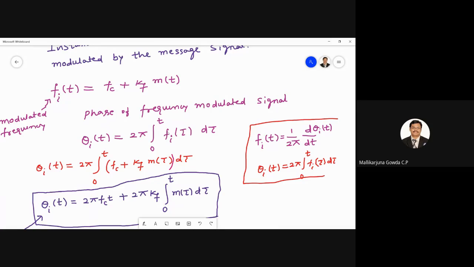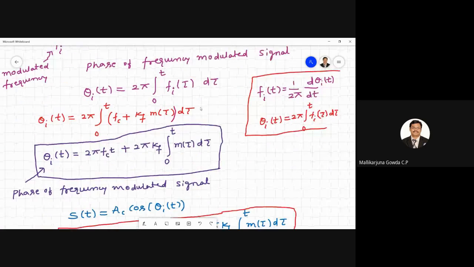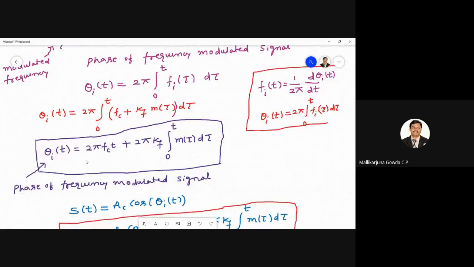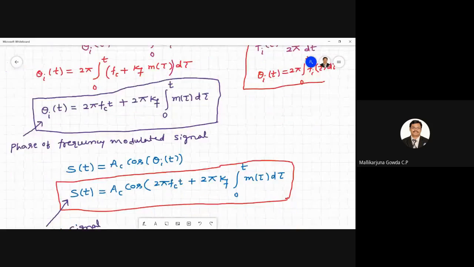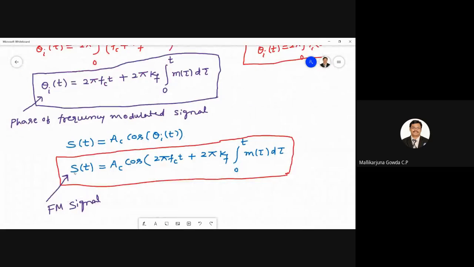I substituted the value of fi of t in this equation, expanded it, and wrote the value of theta i of t. Then I substituted it in the standard expression for the modulated signal, s of t equals Ac cosine of theta i of t. So this is the expression for the frequency modulated signal: Ac cosine of 2 pi fc t plus 2 pi kf integral 0 to t m of tau d tau. Is this clear? Shall I go to the next one?